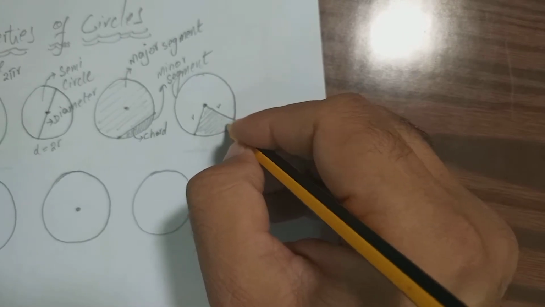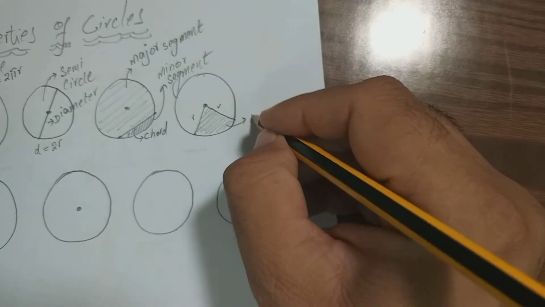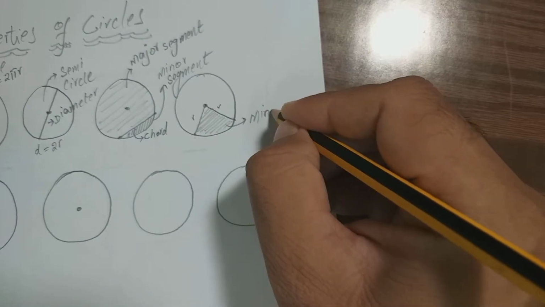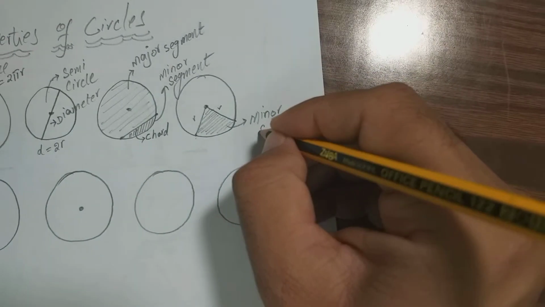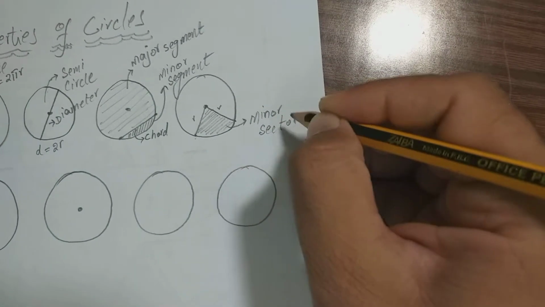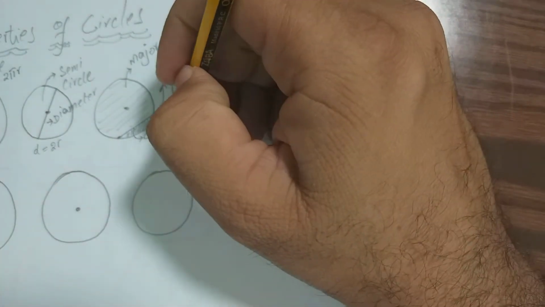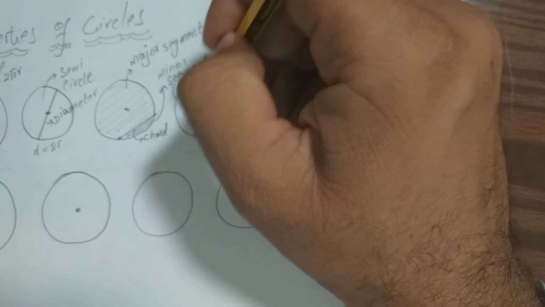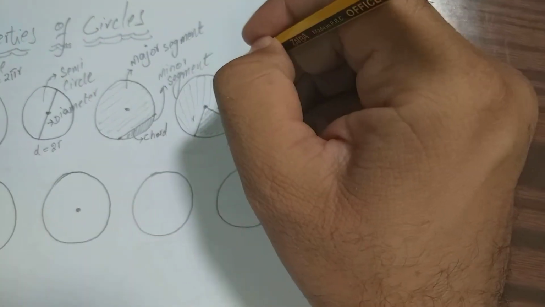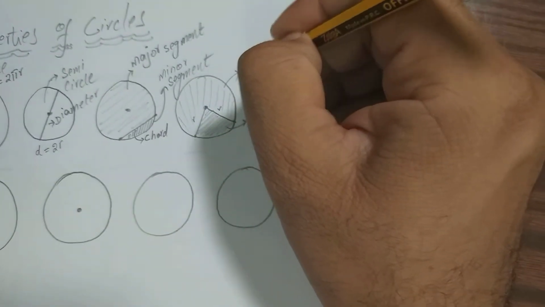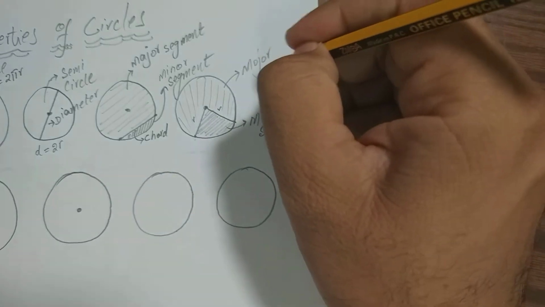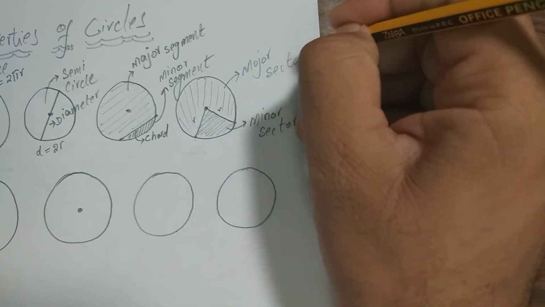So this shaded part is the minor sector, and this is called the major sector.